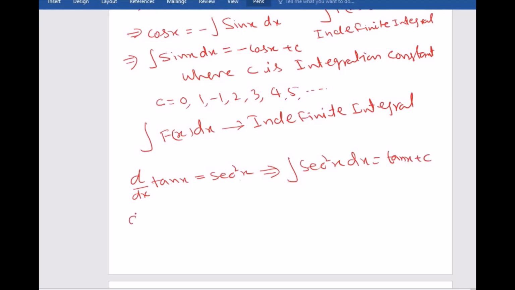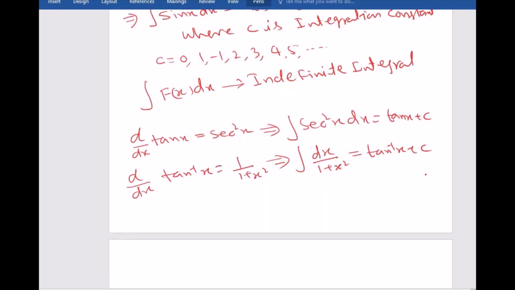Similarly, d/dx of tan inverse of x is 1 divided by 1 plus x square. Use the reverse process, so the integration of dx divided by 1 plus x square is tan inverse of x plus c.